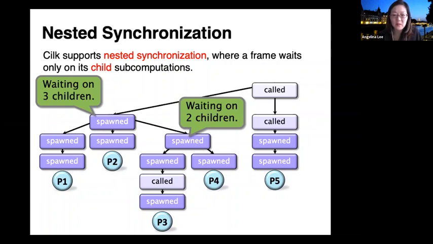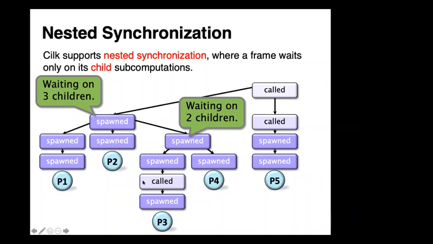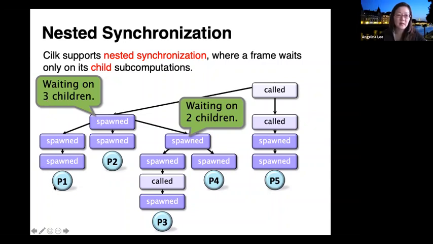What I'm showing you is the spawn subcomputation and how the execution plays out, where worker 1 is executing in this subroutine, which is originally spawned by this function, and this function itself subsequently spawns something else that's executing on worker 2.